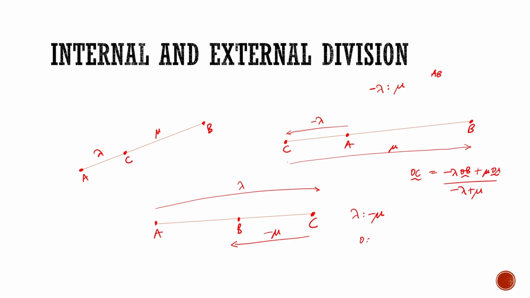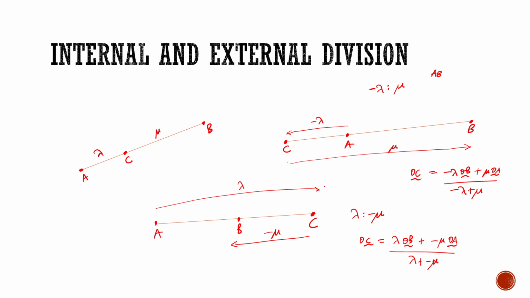And so OC is equal to lambda times OB plus negative mu times OA, divided by lambda plus negative mu.